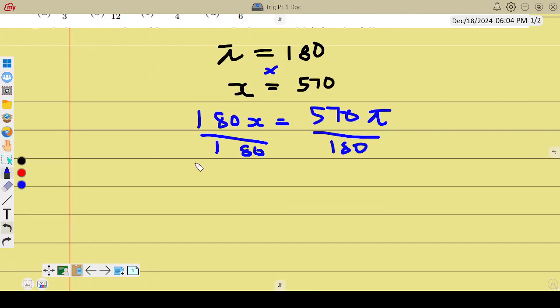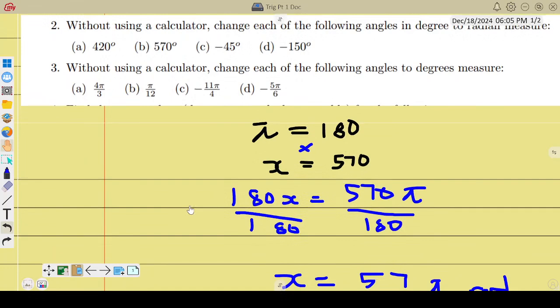Then x is equal to, the zeros can cancel, so it will remain with 57 over 18 pi. So the pi can be written alone here, or you write it as a numerator, 57 pi over 18, and then don't forget to put radians.